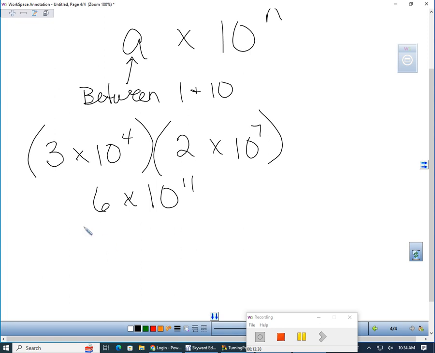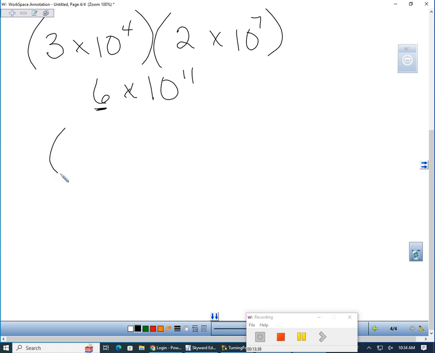Now, before you keep going, you have to check and make sure this leading coefficient falls between what two numbers? 1 and 10, right? If it's below 1, it's too small, and if it's above 10, it's too big. Then we'll have to move our decimal place. So one more really quick one to talk about that.